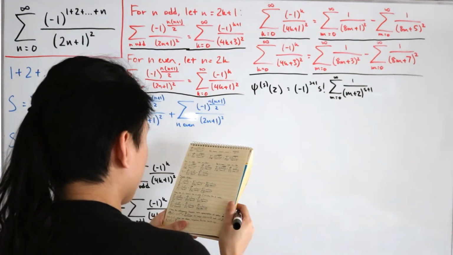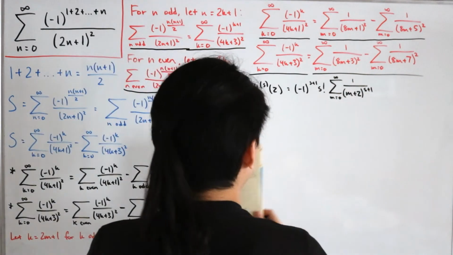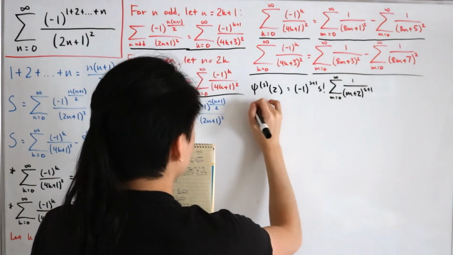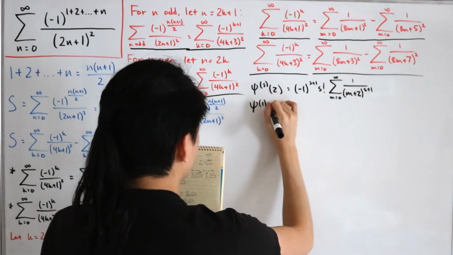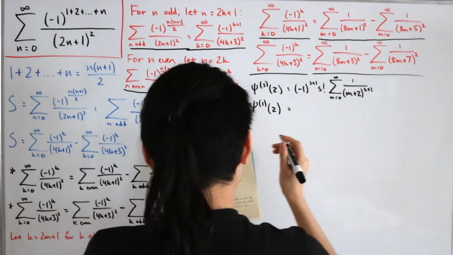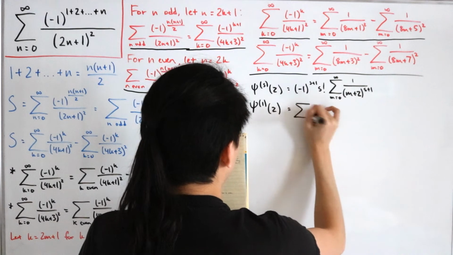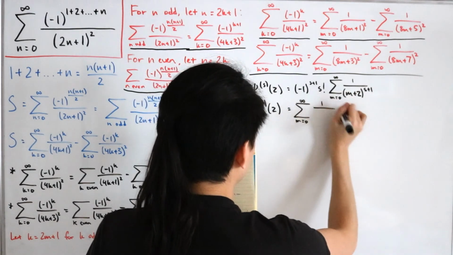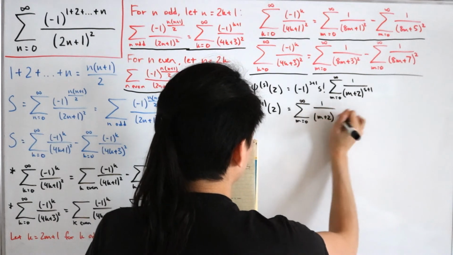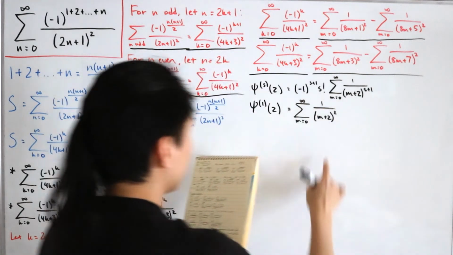And so from here, if we just let s equal 1, then we give ourselves a little trigamma series. That means we have this infinite sum, m equals 0, of 1 divided by (m+z) quantity squared. Just like that.